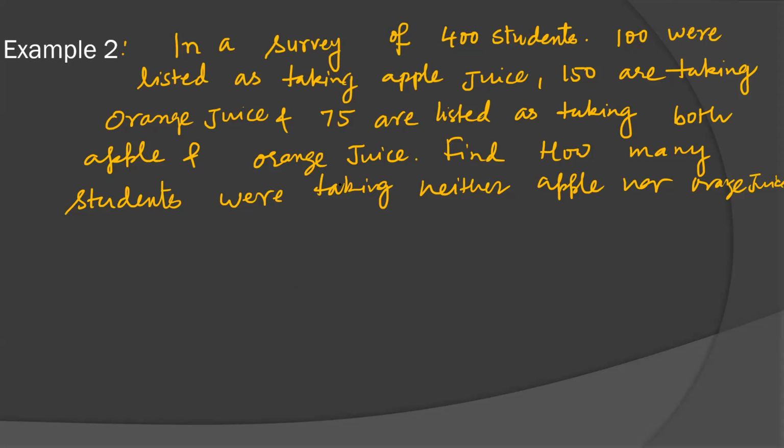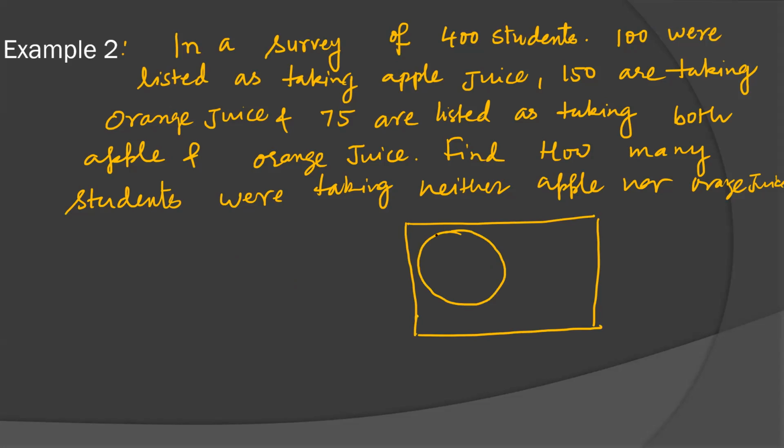See the problem. Firstly, I am going to solve this using a Venn diagram. Then I will solve using the formula. See the Venn diagram. There are two events here, apple juice and orange juice. Suppose this is your apple juice circle and this is your orange juice circle. Firstly, we have to fill in the common students. There are 75 students who are common, taking both apple and orange.